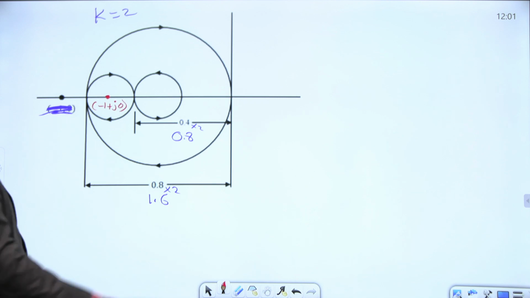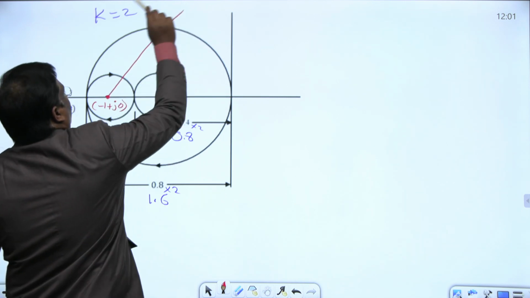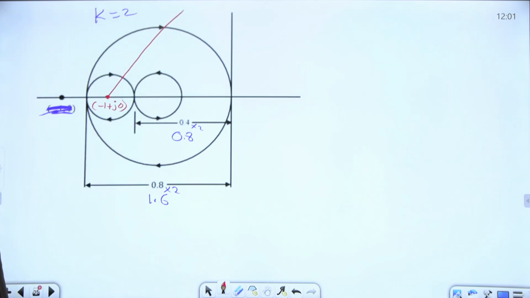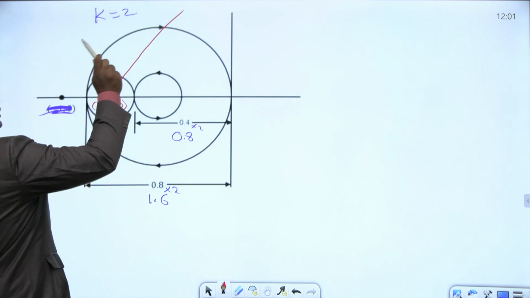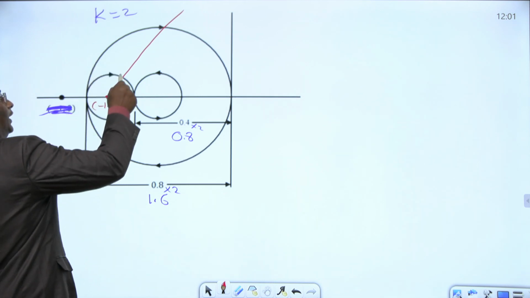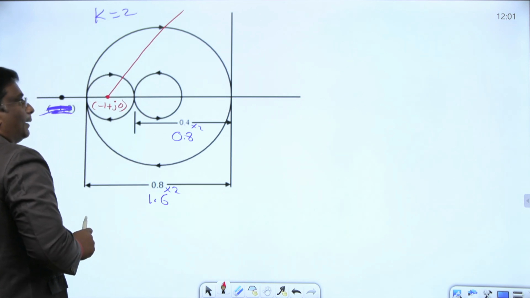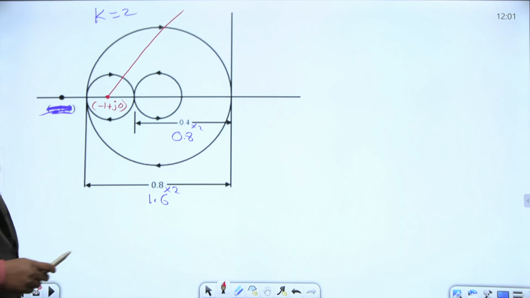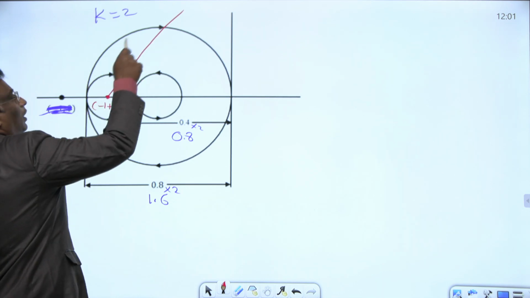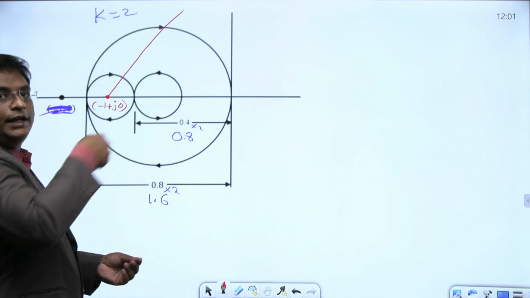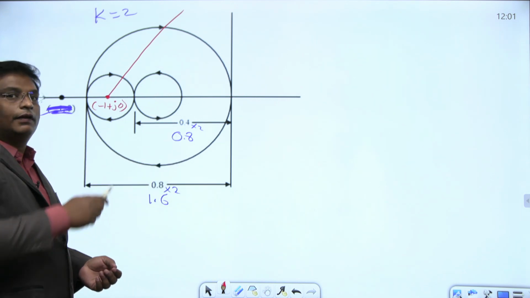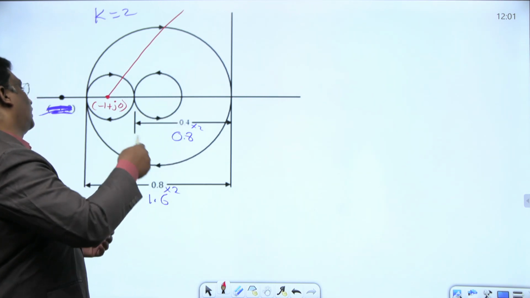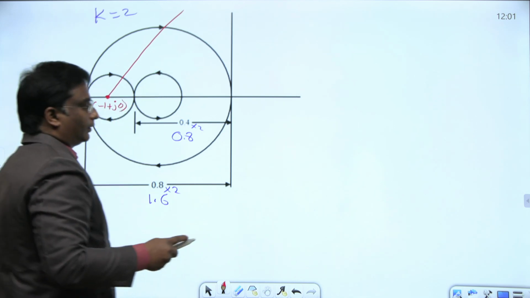From here I am drawing a line. It intersects this Nyquist plot at 2 points, here and here, and the number of encirclements I need to calculate here. This is clockwise, this is also clockwise. If the encirclement is anti-clockwise, it is positive. If the encirclement is clockwise, then it is negative, right?